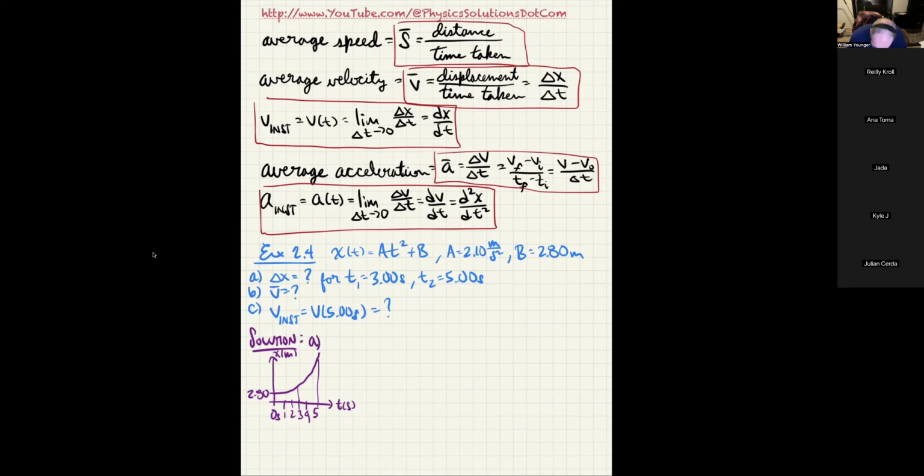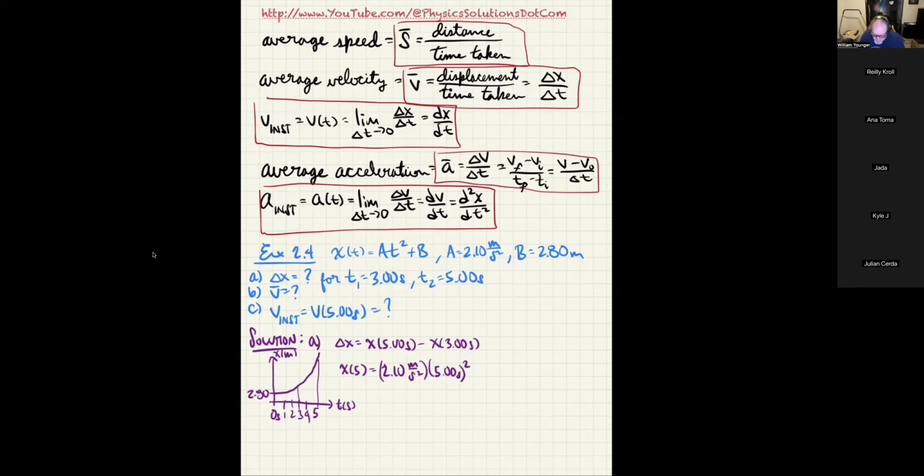So in this case, delta x is going to be x of 5.00 seconds minus x of 3.00 seconds. If you plug 5 into x of t, you're going to see that becomes 2.10 meters per second squared times 5.00 seconds squared.